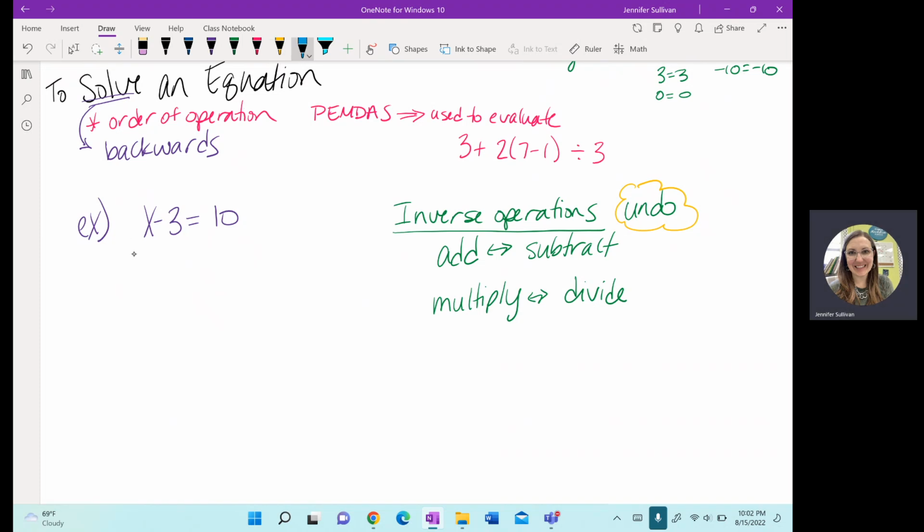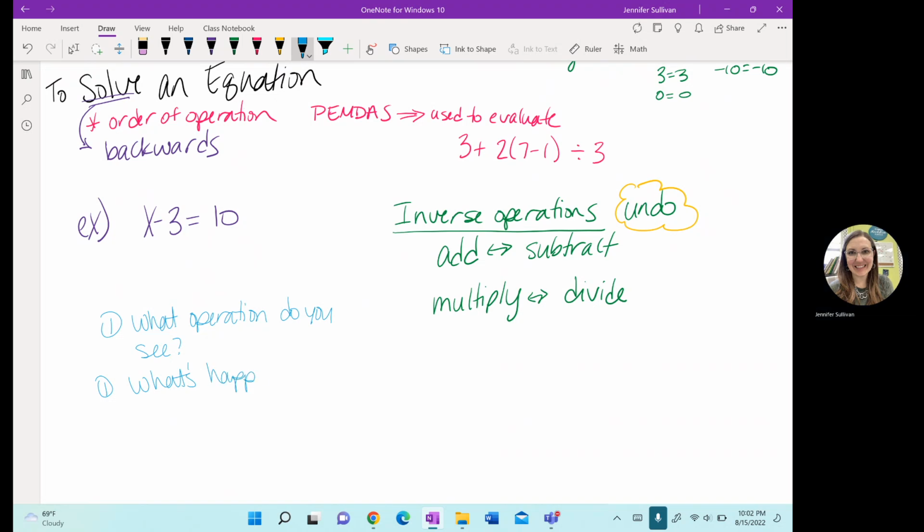So usually when I'm walking students through a problem, the first thing I'll say is, what do you see? Or what operation do you see? Or another way I might say this is, what's happening to the x? So when I look at this, I say, oh, well, I'm taking x minus 3.